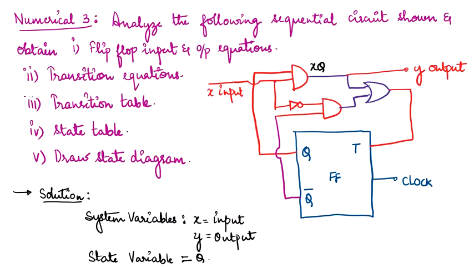To begin with, we will have to look at the circuit that has been given to us and identify the system variables. System variables means we need to identify the input. The input is X, output is Y, state variable is Q. We have only one single flip-flop, so only one state variable Q is present.